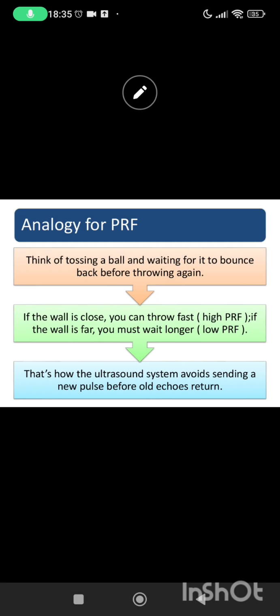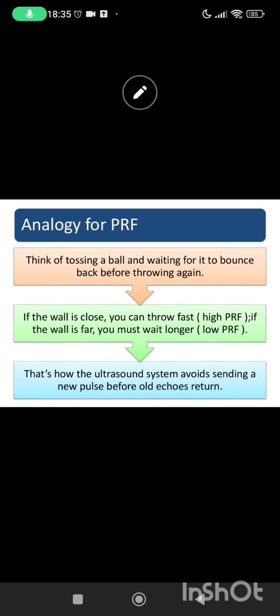So there is an easy example to understand this PRF concept. Think of throwing a ball and waiting for it to bounce back before throwing again. If the wall is close, the ball will quickly go and return, so there is high PRF. If the wall is far away, you have to wait longer to catch the ball and throw it again, so it means low PRF.